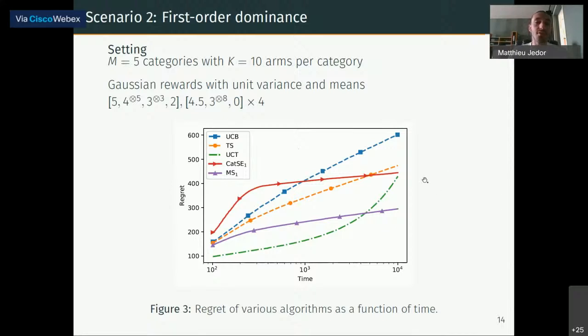And we can also say that for the CAT-SC algorithm, the cost of the exploration phase, where we sample all arms, is huge, and we can see that in this regret. So the regret of the CAT-SC algorithm is more than double the one of Murphy sampling.